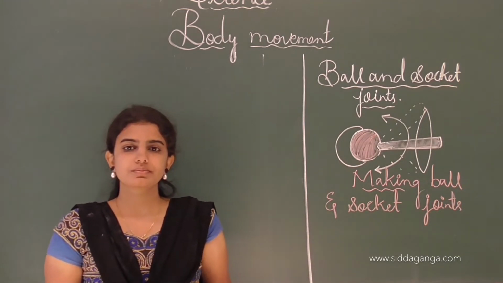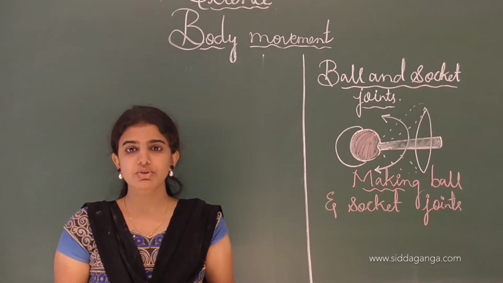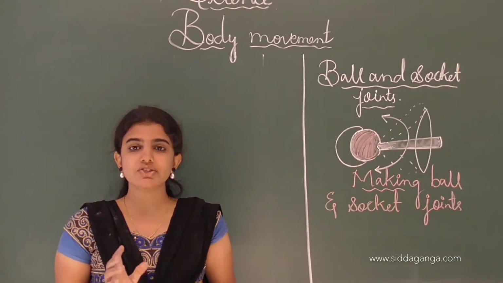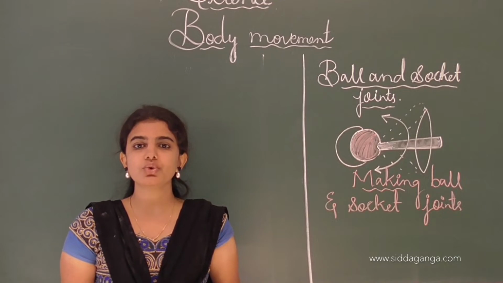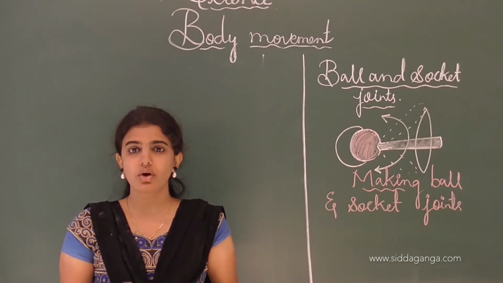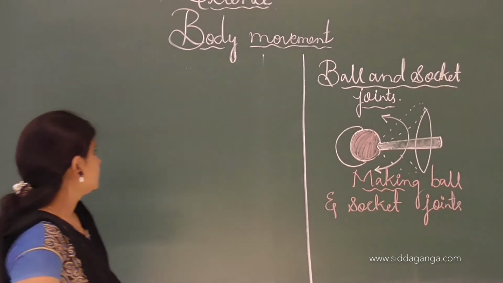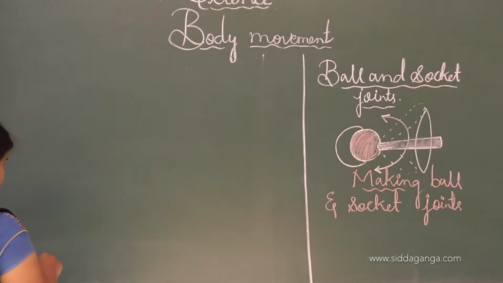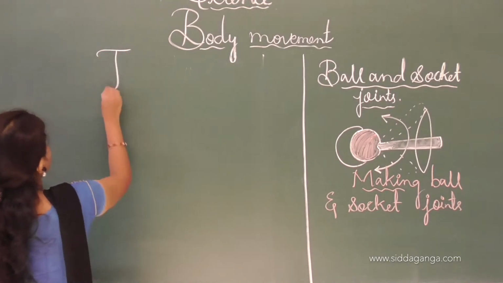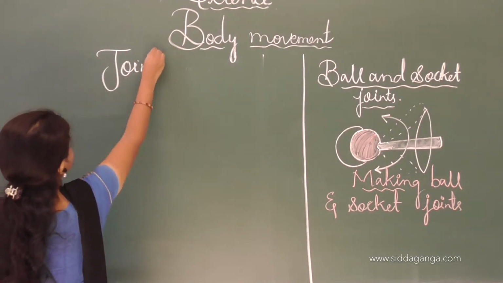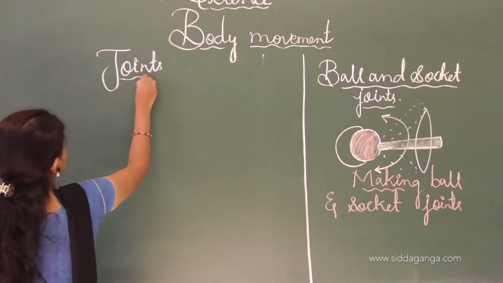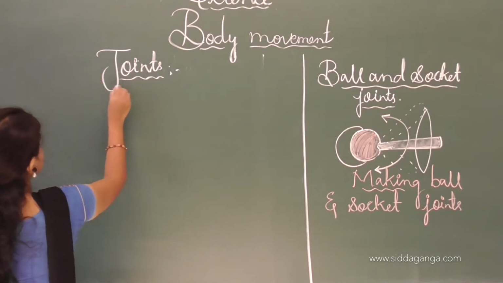In the previous class we learnt about the different types of joints. Joints are those places where two or more bones are connected or joined together.